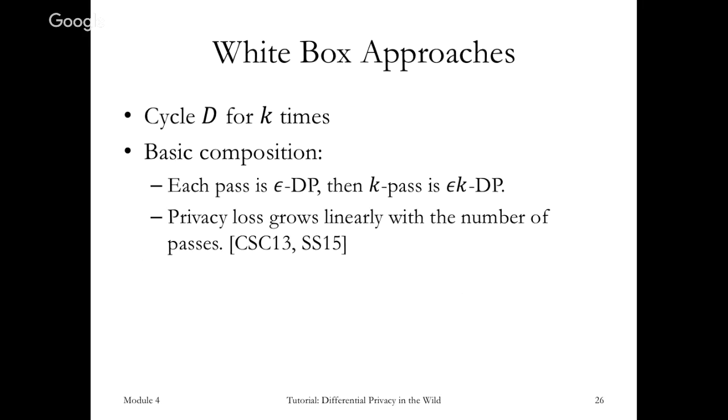Suppose the data is cycled k times. Basic composition says that the k-pass algorithm is k times epsilon differentially private. We can see that the privacy loss increases as the number of passes increases. And usually SGD requires many passes to reach convergence, which is not very nice.